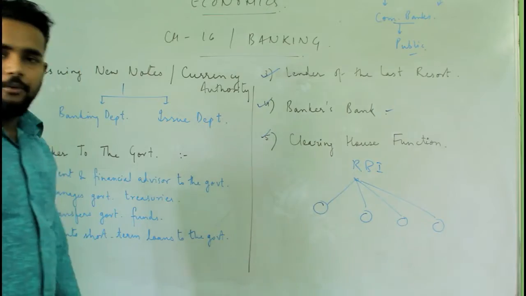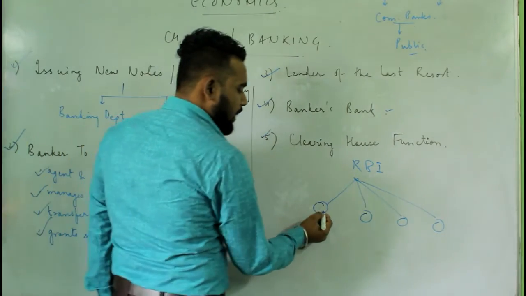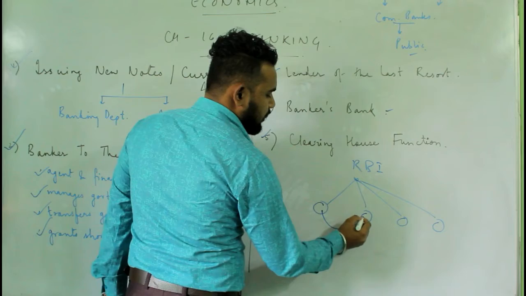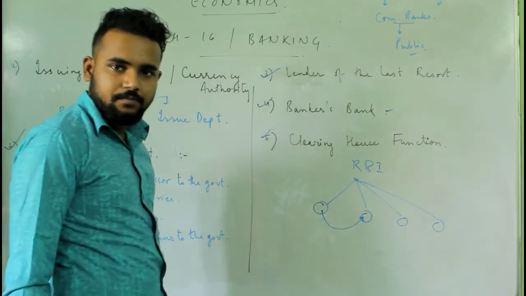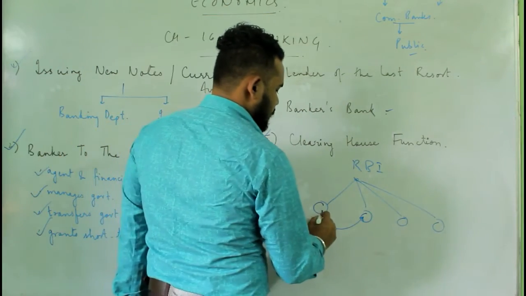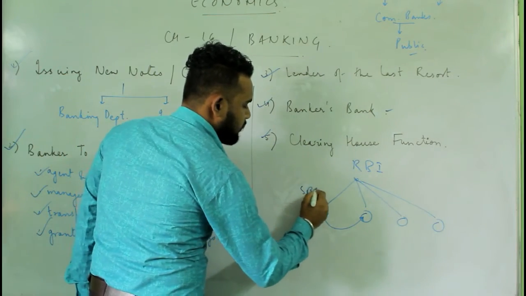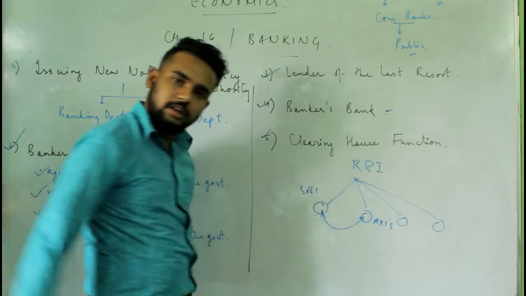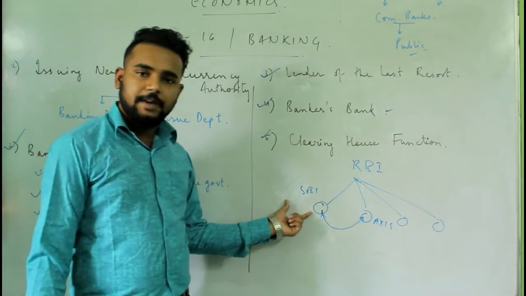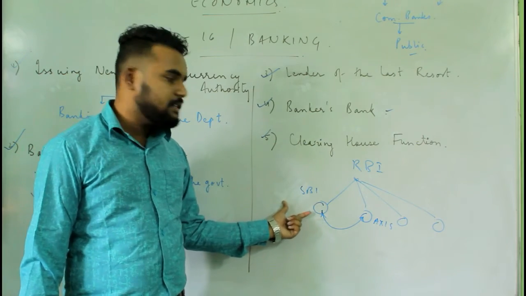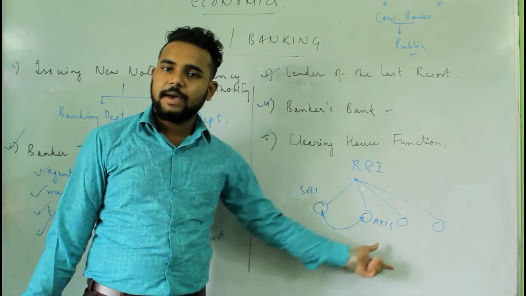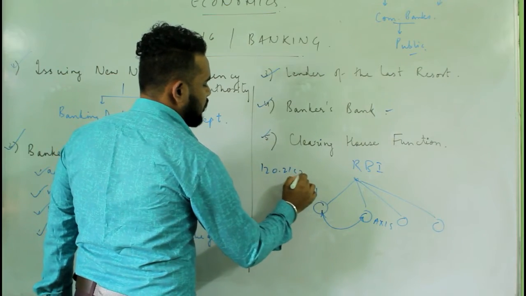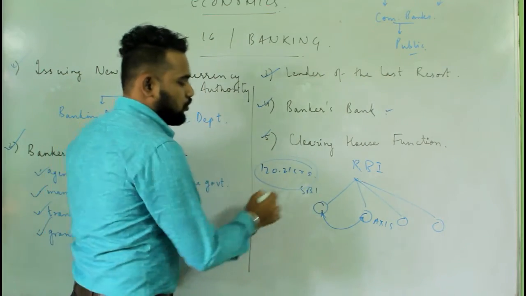Now, if one bank has to give another some amount of money, understood? Say for example, this is SBI and this is your Axis Bank. Say for example, SBI has to give 120.21 crores to Axis Bank.